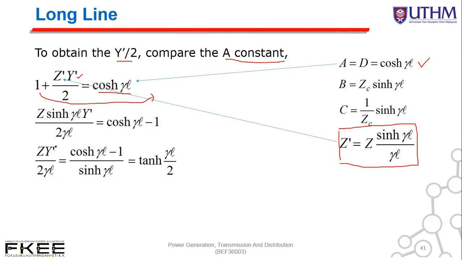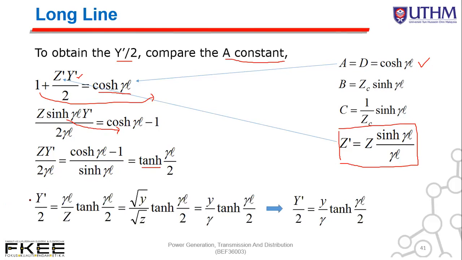So further, we simplify this equation. Sinh we bring to the other side. So we get Z Y prime over 2 gamma L equal to cosh gamma L minus 1 divided by sinh gamma L, equal to tanh of gamma L over 2.